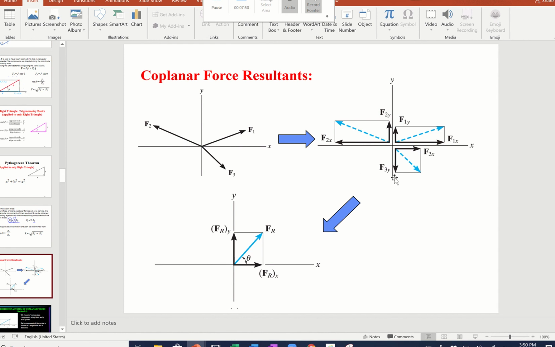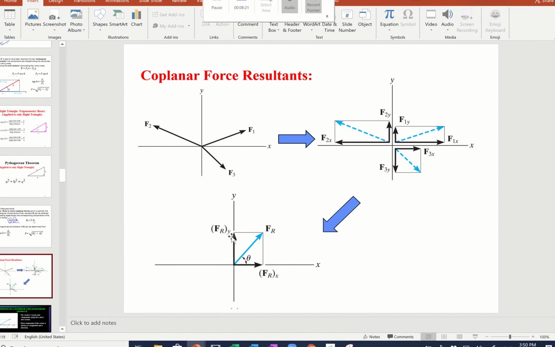Same thing for the y direction. When you're trying to get the resultant in the y-axis, you add F1y and F2y together. They're both pulling upwards, so they will be positive. However, realize that F3y is going downward, so that's going to be negative. You add all those numbers together, and that gives you FRy, the resultant in the y direction.